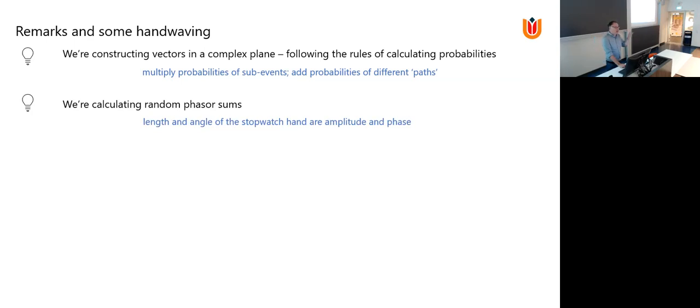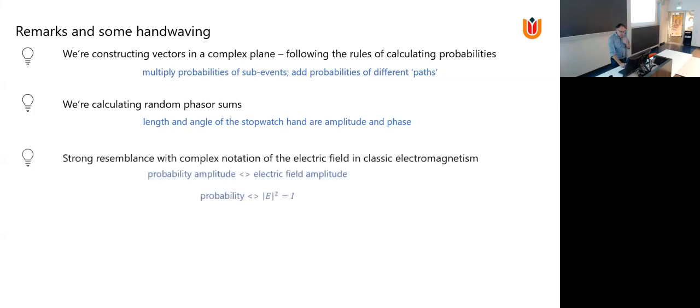These arrows can have random directions, so you're adding random arrows, but there's also a lot of theory associated with that, so you could use that as well. And finally, and this is maybe the most important point, you can already see it in the notation, there's a resemblance between this complex notation of these arrows and that of the electric field in classical electromagnetism. So in the quantum theory, you have this probability amplitude.